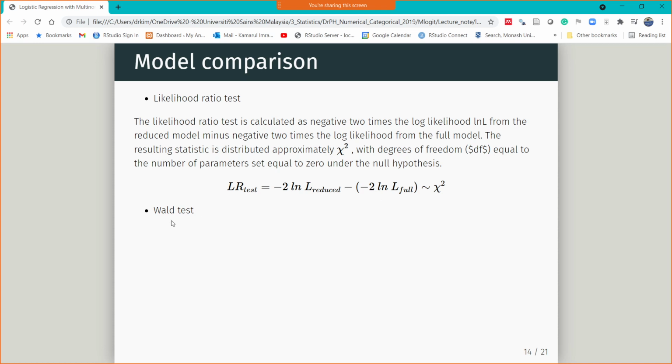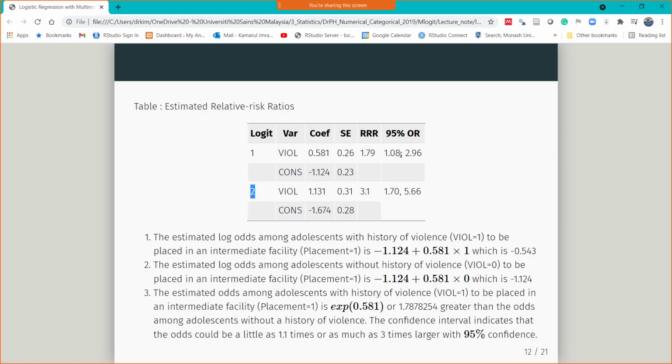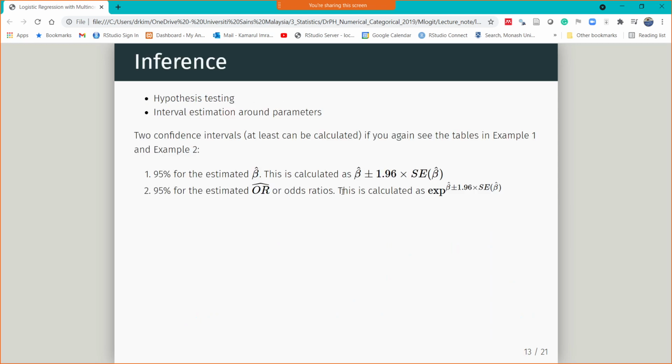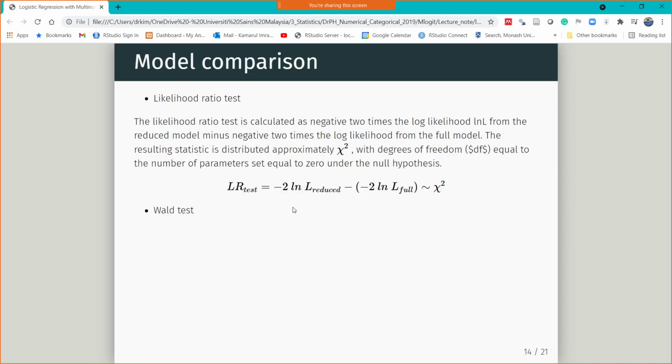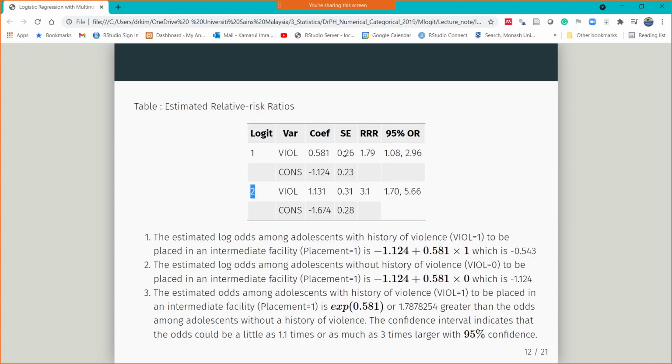You can also look at the Wald test. The Wald test is this one lah, the coefficients divided by the standard error, then you get the Wald value, the z value, and that is the Wald test. Okay, so you just simply look at the value here, whether the p-value is significant or not for the predictors.